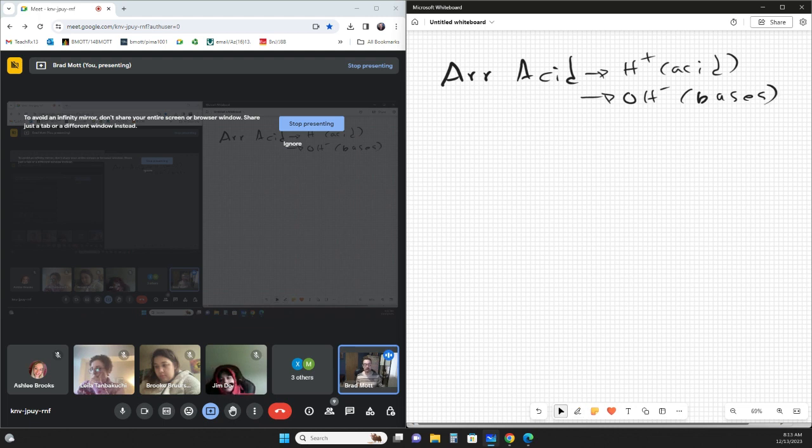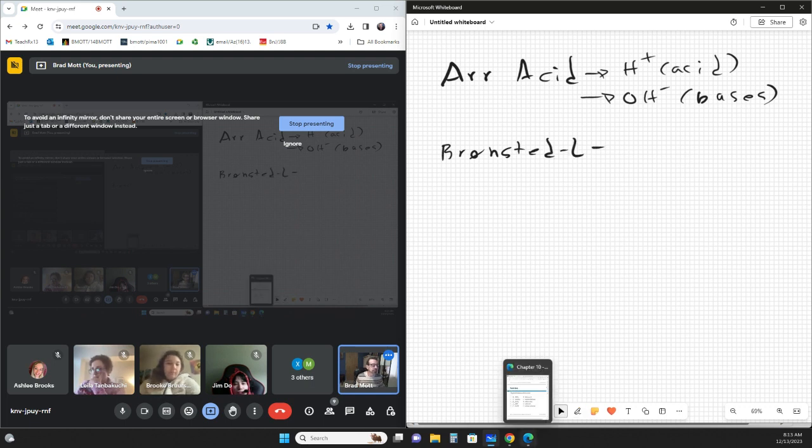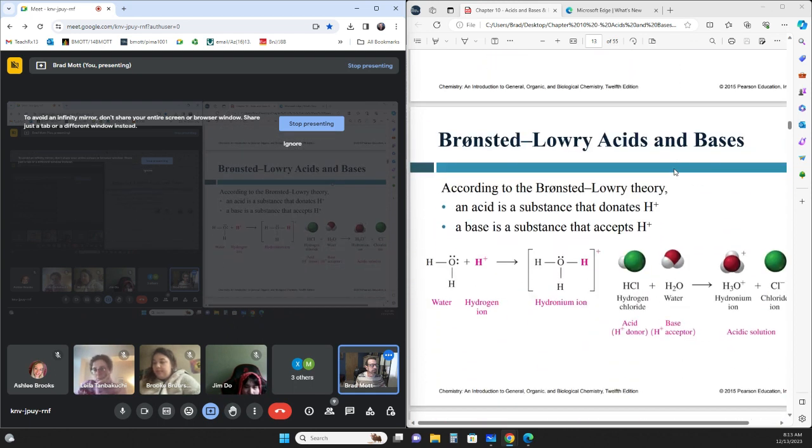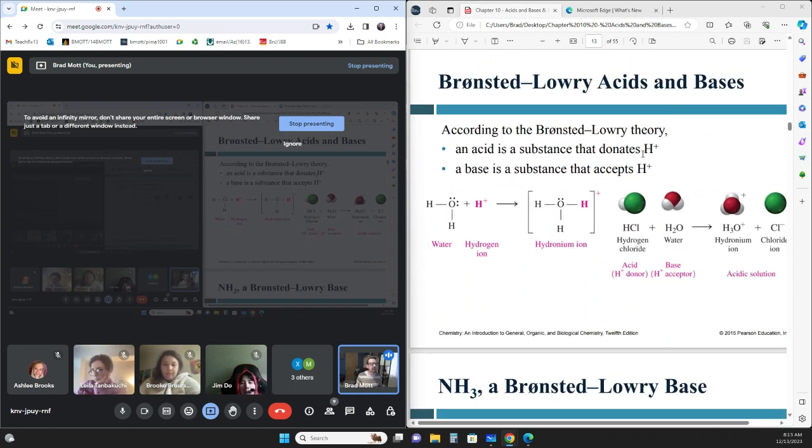So the next way we're going to look at acid is the Bronsted-Lowry. And Bronsted-Lowry bases, same type of idea, just more useful in a lot of situations. Then acid is something that donates protons, okay? And a base is something that accepts protons.